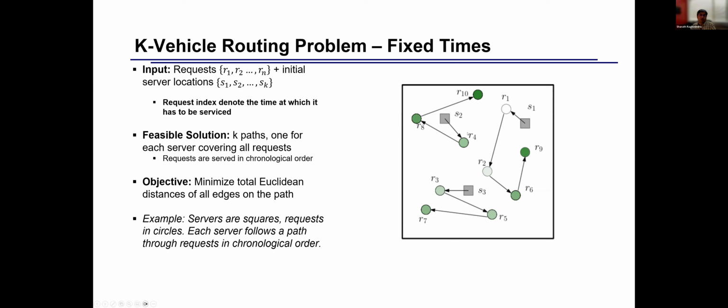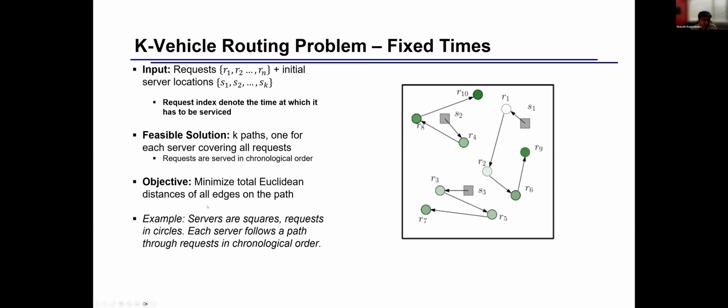So you have to have the bus be there at that time, right? If you design a path for each bus, you'll notice that the path will visit these locations in increasing chronological order. So it will go to R4 first, then R8, and R10. It cannot go to R10 before R4, for instance, because the time at which R10 has to be serviced is later, after R4.